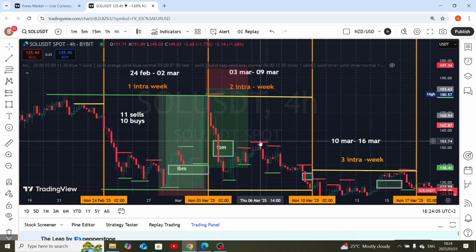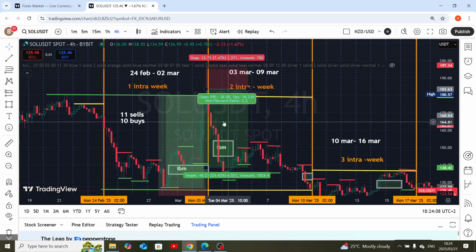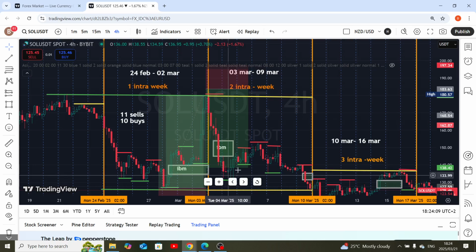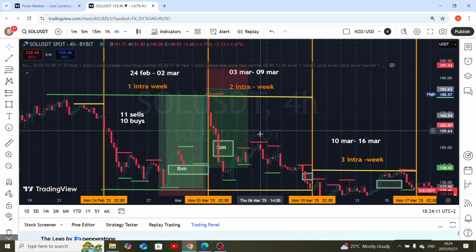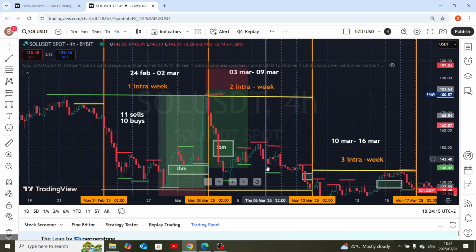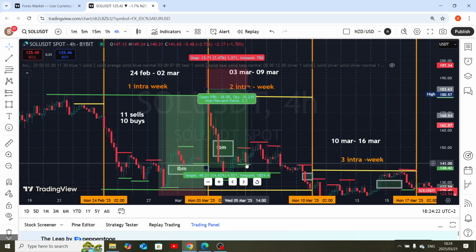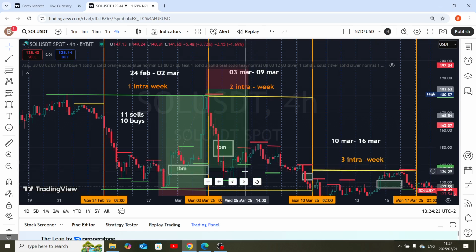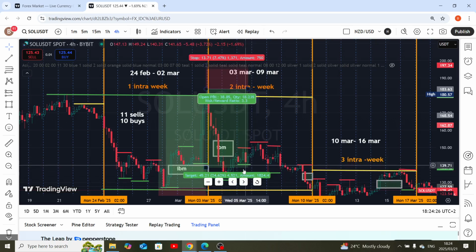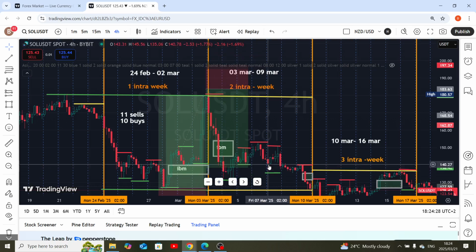What happened? The market dropped. And when the market was dropping, it activated this active pending buy order. So it made the buy orders 1, 2, 3, 4. So we had 4 buy orders and 4 sell orders, but the market became bullish.